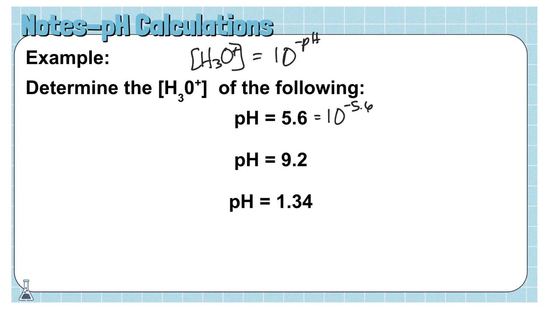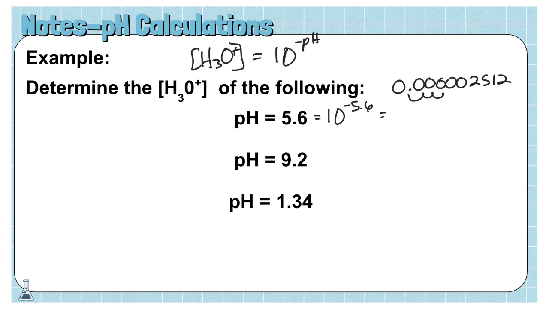And this is not giving it to me in scientific notation. So what I'm getting on my calculator, and you can leave it this way, is 0.00000, I think there's 5 zeros in there, 2512. If you have a graphing calculator, I'm pretty sure it will probably go to scientific notation.